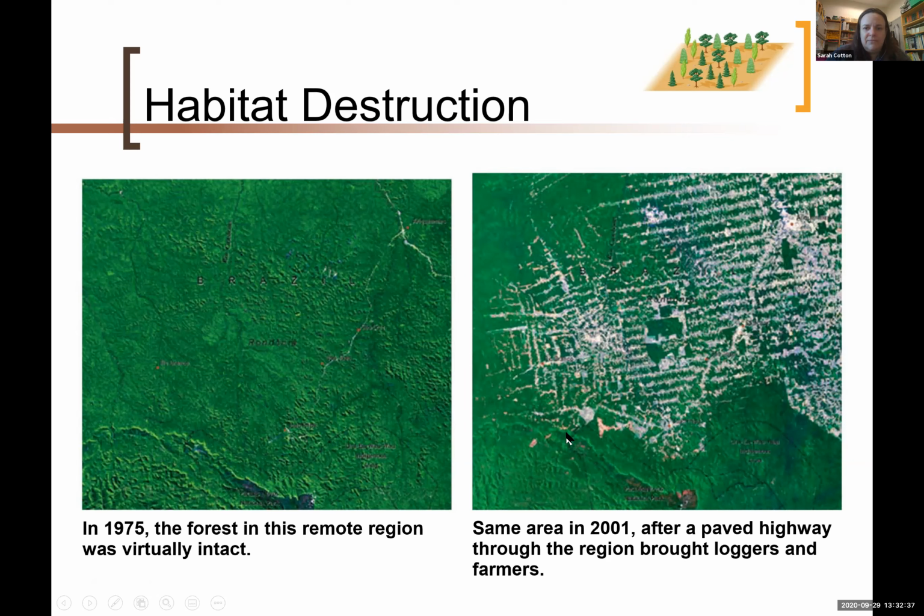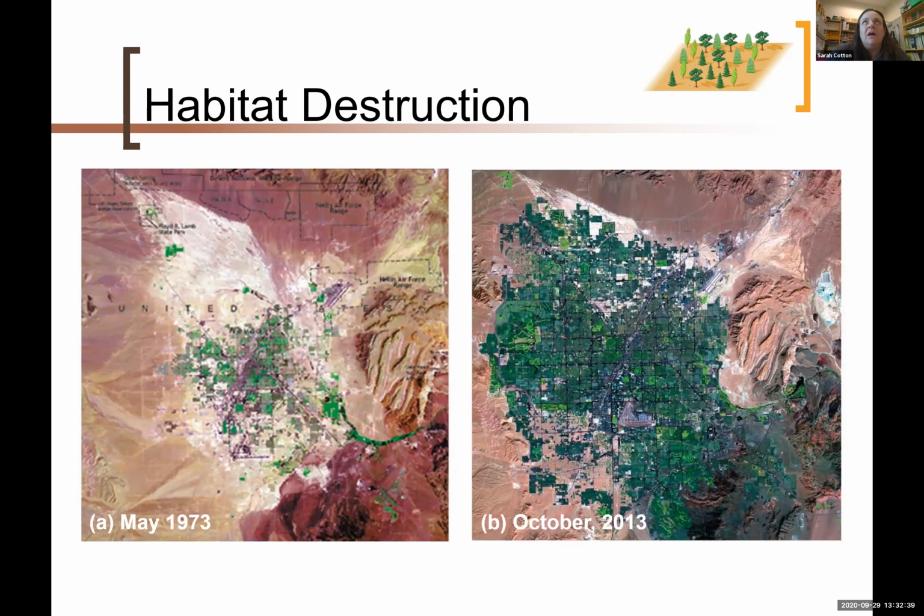So anyway, not so much for agriculture per se, but human housing, right? Human development is another big one. This might look familiar, or it might not. It depends on how good of an eye you have for maps. This is Las Vegas, right?